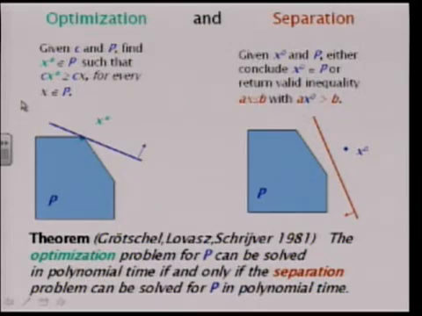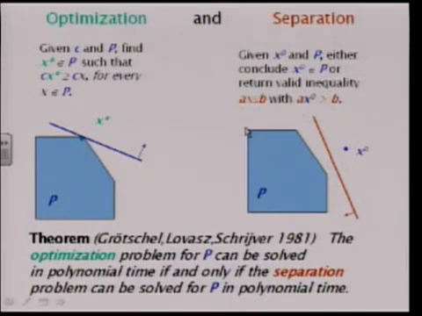I think your intuition is correct. For the optimization problem, what you need is essentially going over these vertices, like when we talked about the idea of simplex. And this one is just a verification of a bunch of inequality constraints.